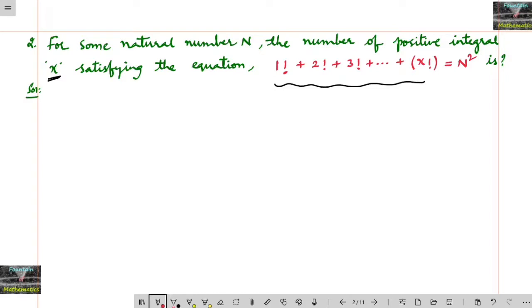So what is the simple logic we can apply here? 1 factorial plus 2 factorial plus 3 factorial plus 4 factorial plus 5 factorial and so on, up to x factorial, is equal to n square. n is a natural number, so n square is a perfect square number.